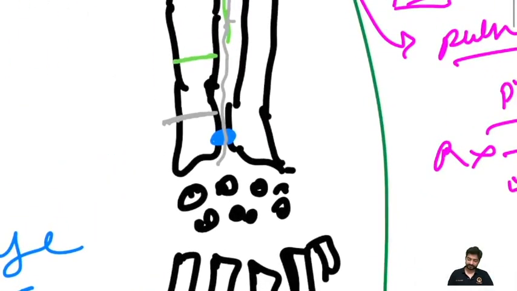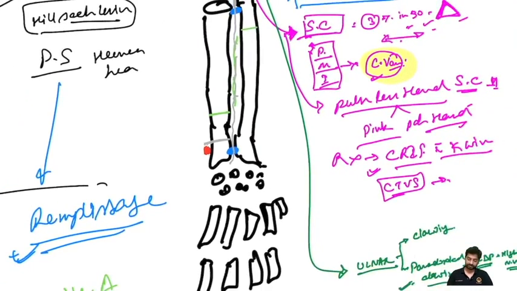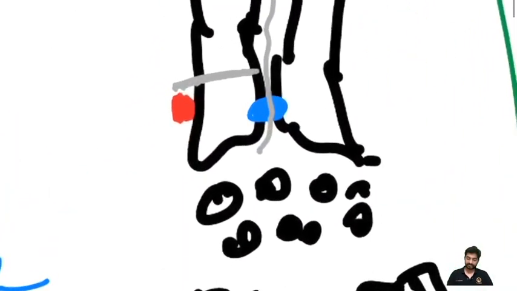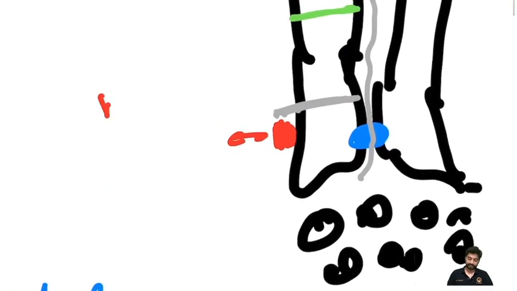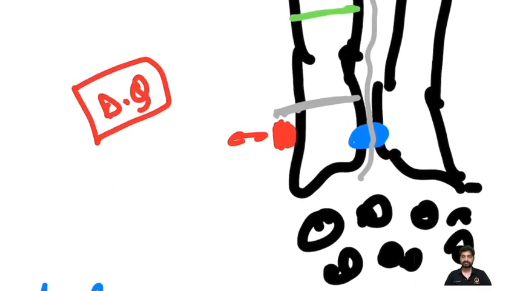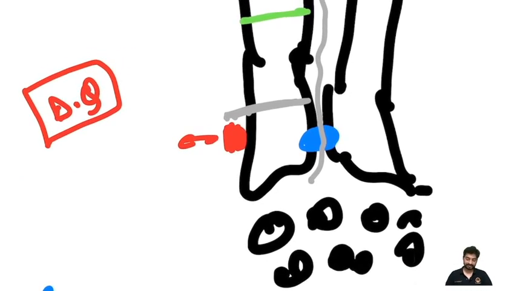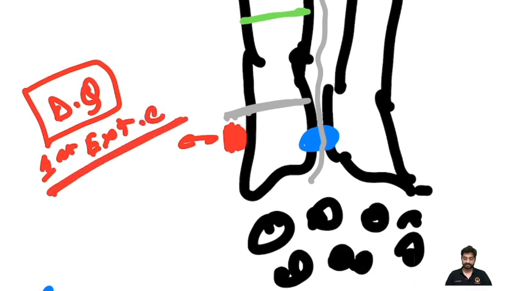Coming to the wrist only, one important topic comes into regional orthopedics: the tenosynovitis of your first extensor compartment, also known as De Quervain disease. It involves the tendons abductor pollicis longus and extensor pollicis brevis.